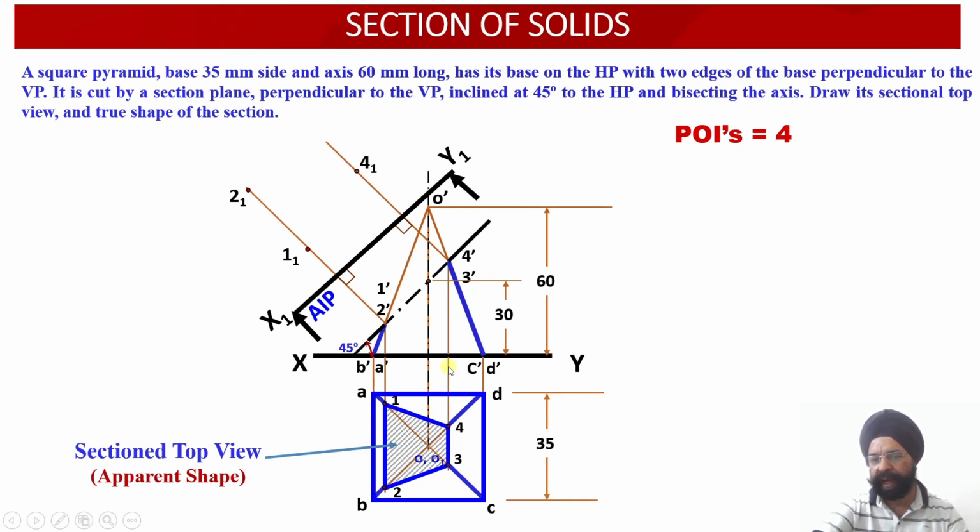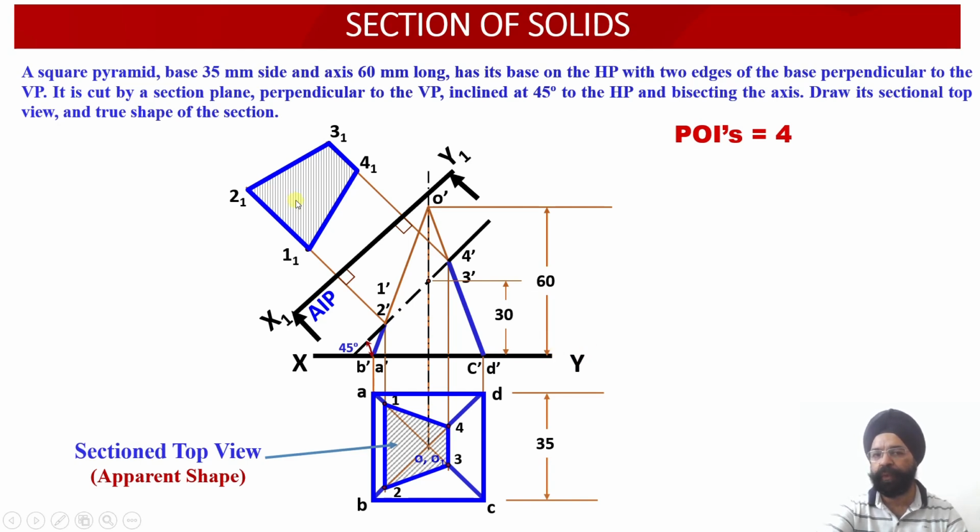And finally I am going to measure the distance of point 3 from the xy reference line, and once I measure this distance, I am going to transfer it ahead of the plane x1 y1 over here. So this point's name is 3 1. So all the 4 points have been evaluated: 1 1, 2 1, 3 1 and 4 1. These are all points which correspond to the distances of all the POIs in the plan with respect to the xy reference plane over here.